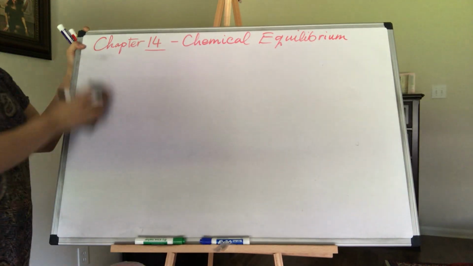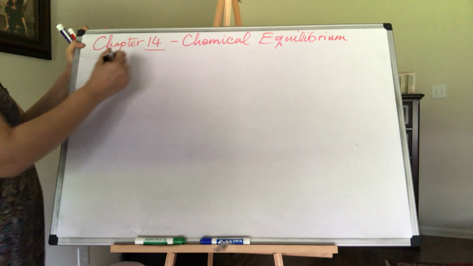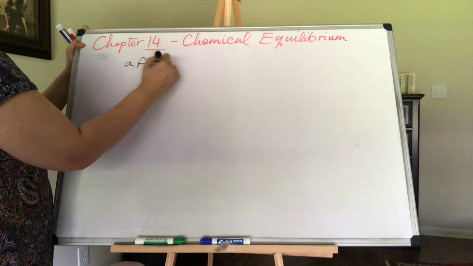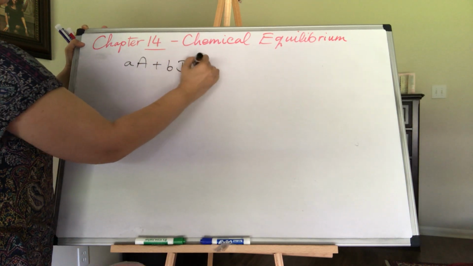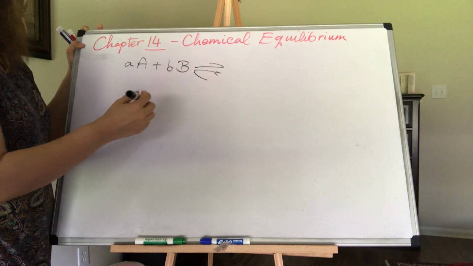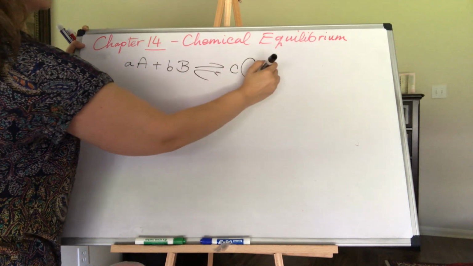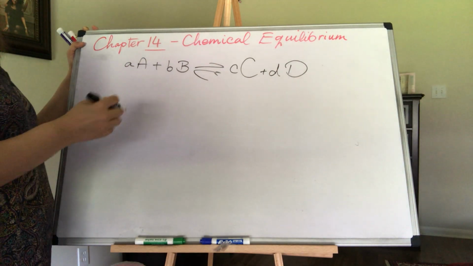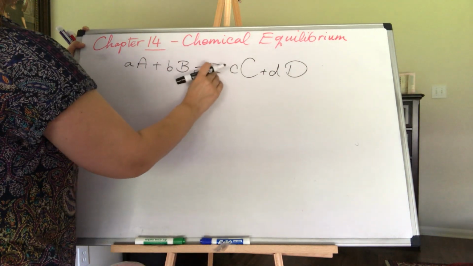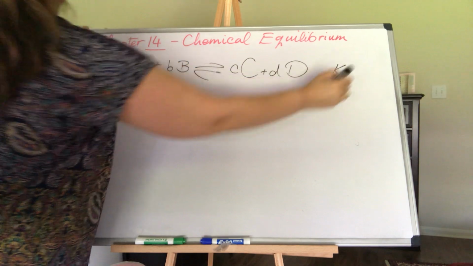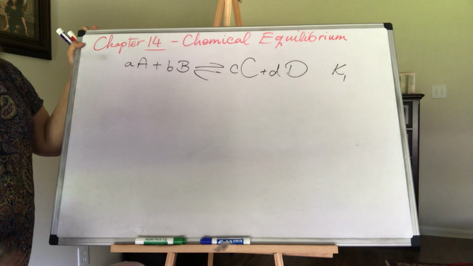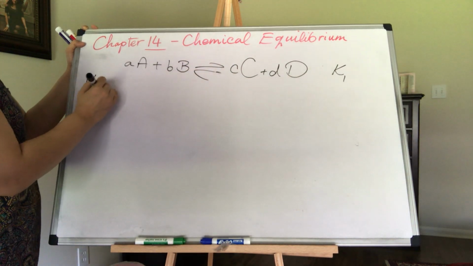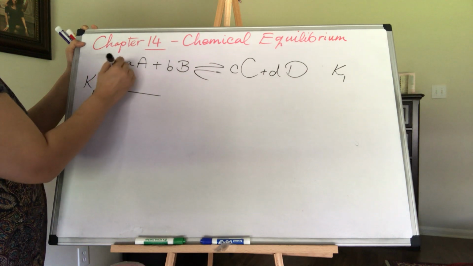Interesting, huh? One more thing you need to know is when you have an equilibrium, let's say A and B form C and D, and you call its equilibrium constant K1. What is K1? How do you write this equilibrium concentration?